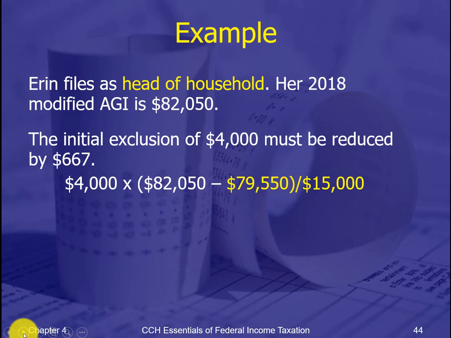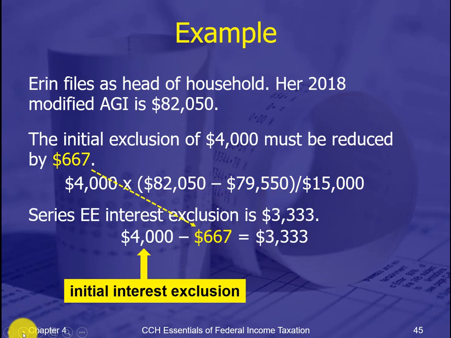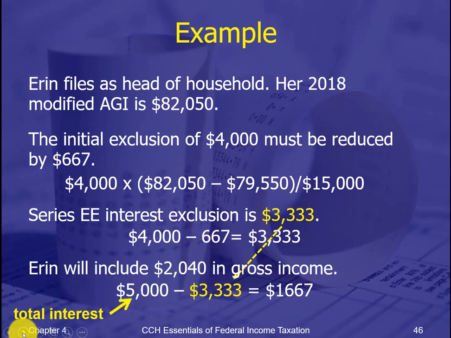Her $4,000 we calculated earlier must be reduced by $667 because she's $2,500 past the threshold. Divide that by the $15,000 and then multiply it by the $4,000. That's how much is reduced. So our ending exclusion is actually only $3,333. Because she got $5,000 and excludes $3,333, she has to include $1,667 in her income.